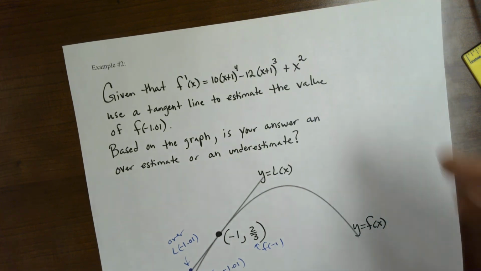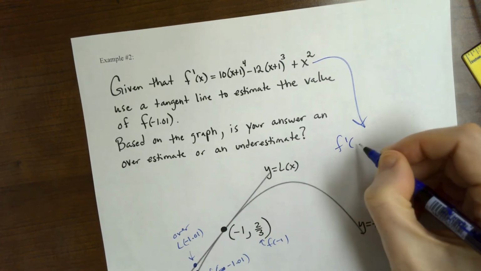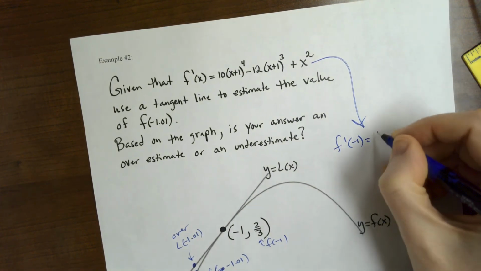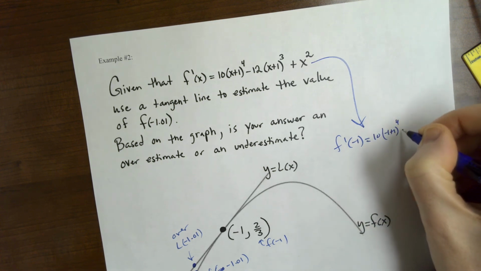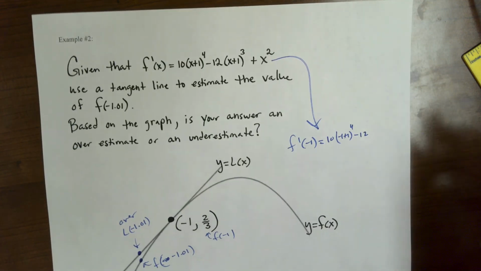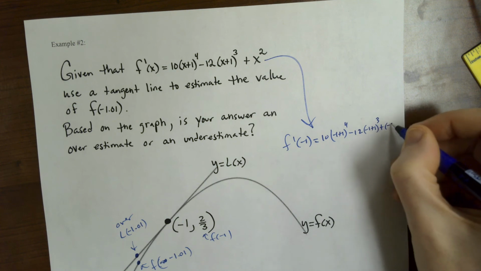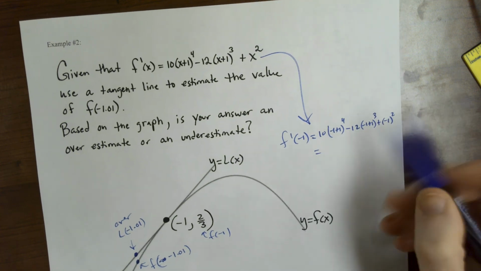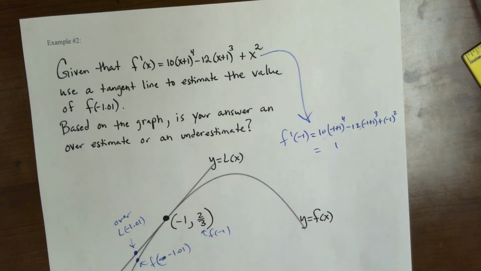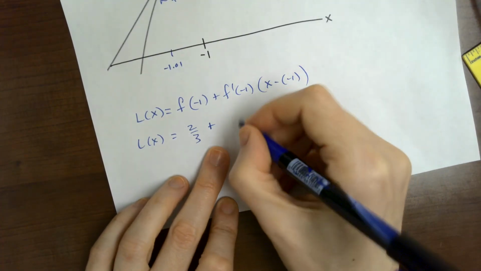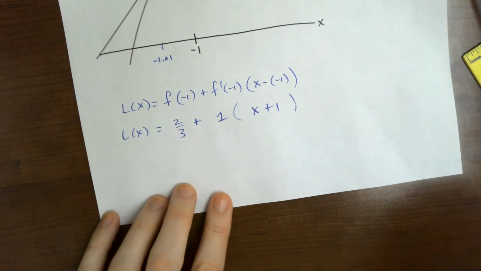So f prime of negative 1 equals 10 times negative 1 plus 1 to the 4th, minus 12 times negative 1 plus 1 to the 3rd, plus negative 1 squared. These are both 0, so you just get plus 1. So in for this f prime of negative 1 goes a plus 1, and then that's x plus 1 in there.